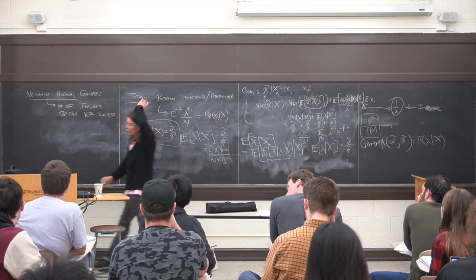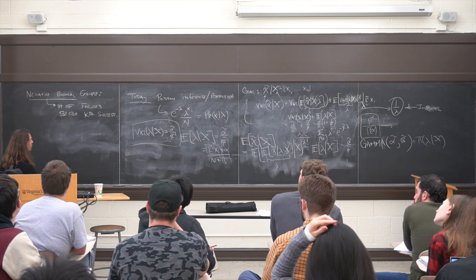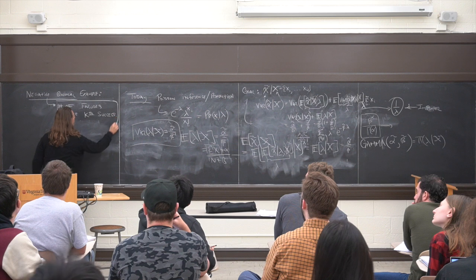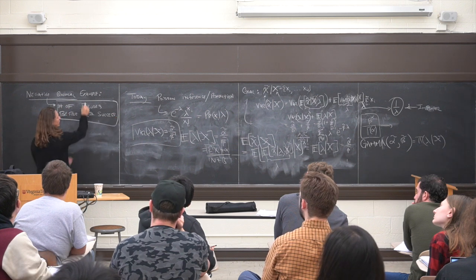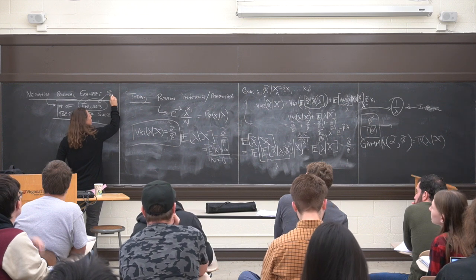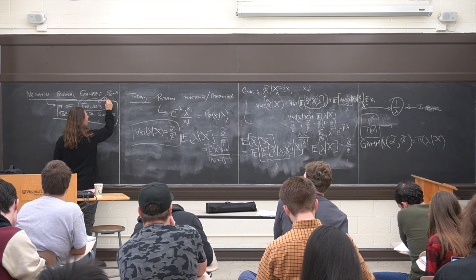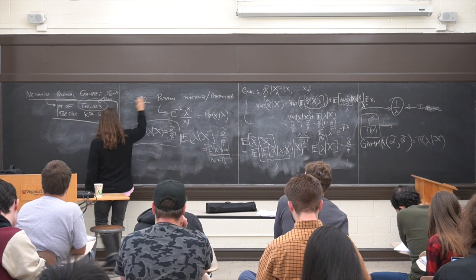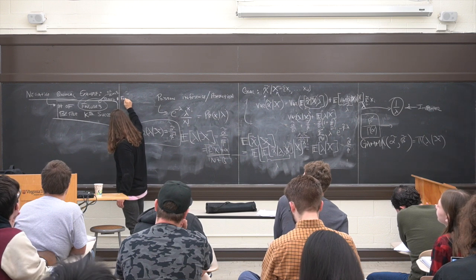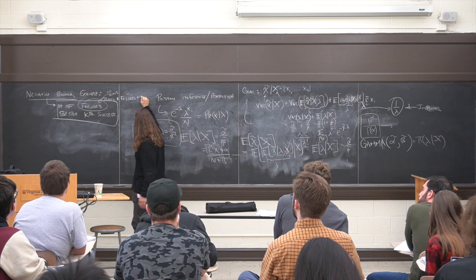Let's see if we can try to find some way of remembering what this distribution actually looks like. I like this, this works for me. This is one way to remember. I could also call this the number of trials. Remember, the trials is going to be the number of failures plus the number of successes.